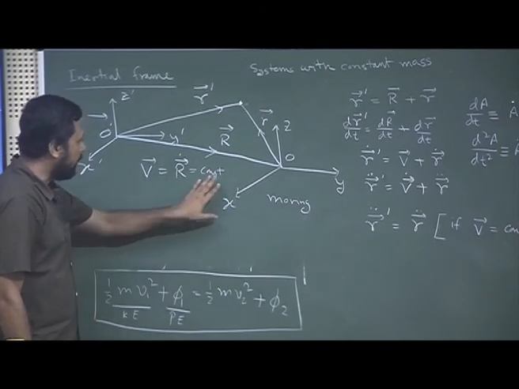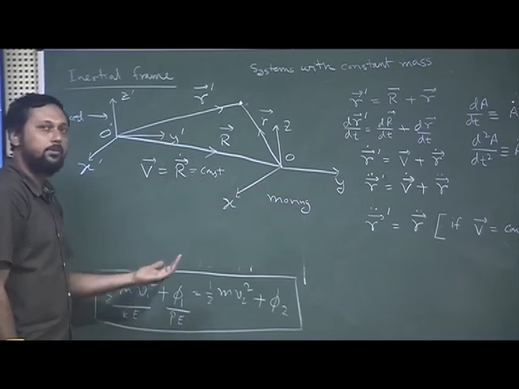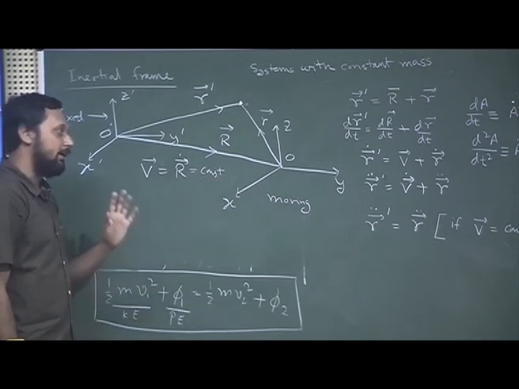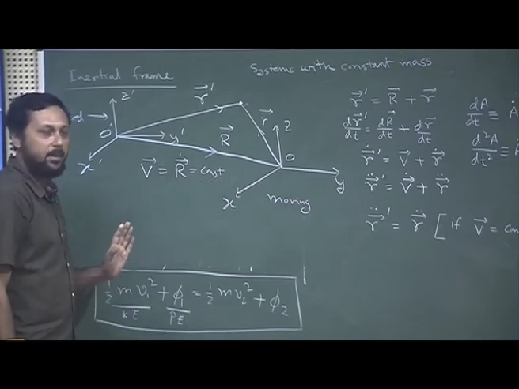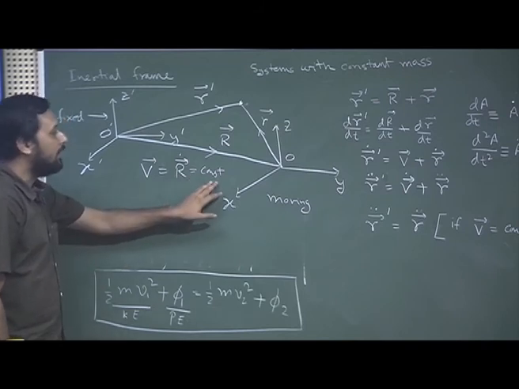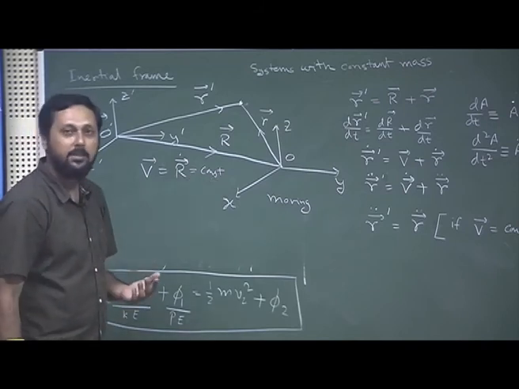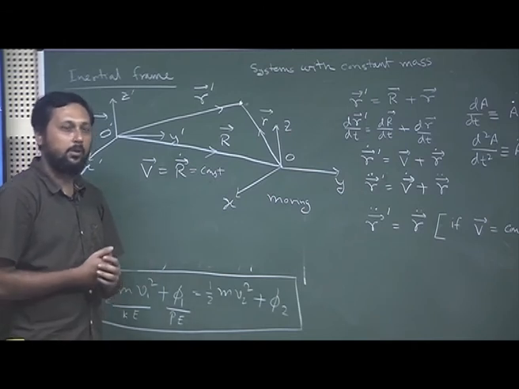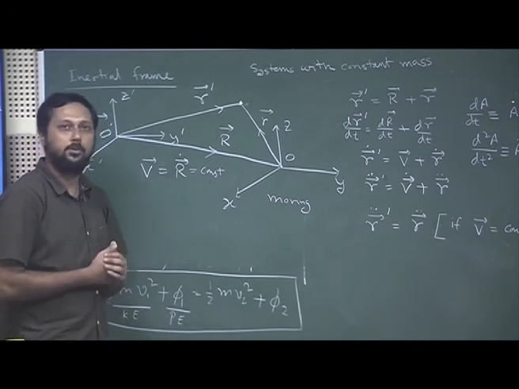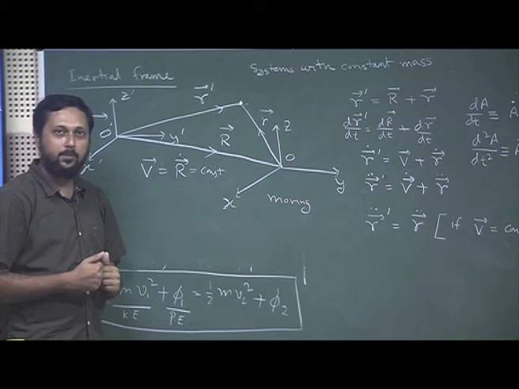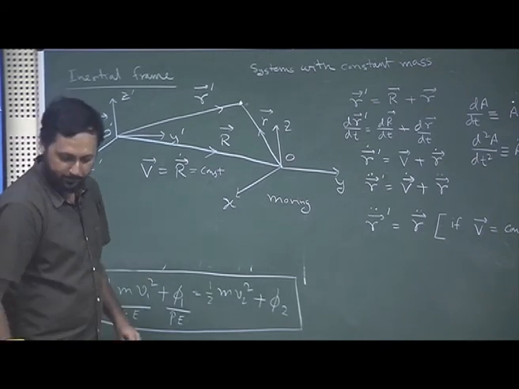If the velocity is constant, it does not matter how fast or how slow it is moving, an inertial frame remains an inertial frame. But if the velocity is not constant, then we have something called a non-inertial frame, and then we have to reconstruct the equation of motion. We will be taking that up in a later chapter.